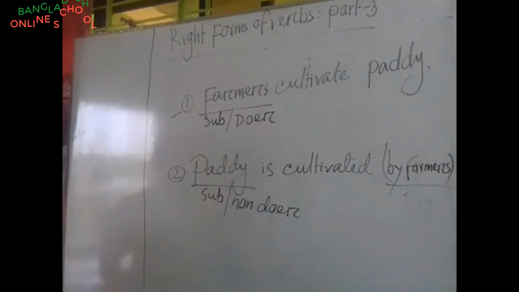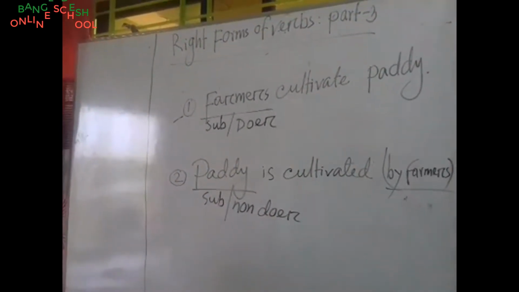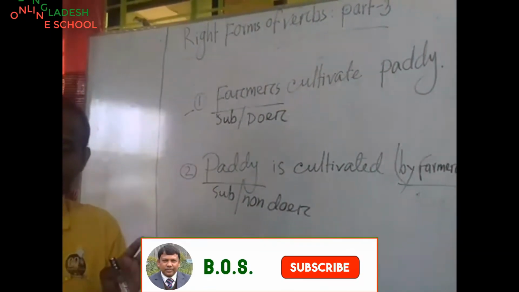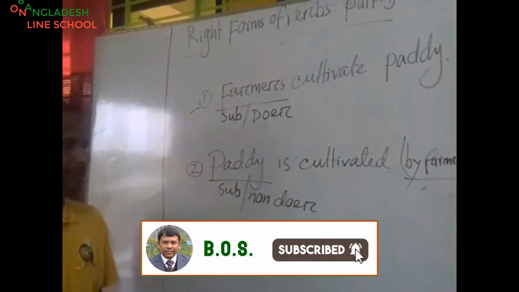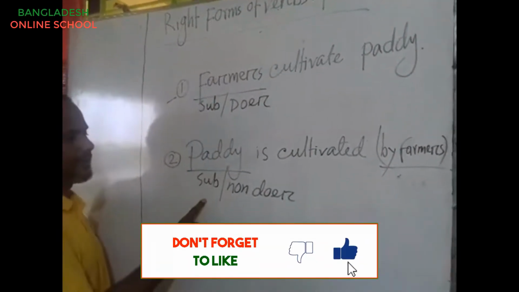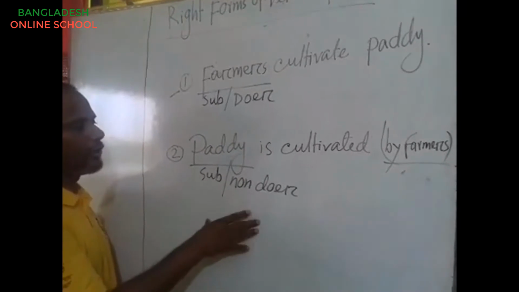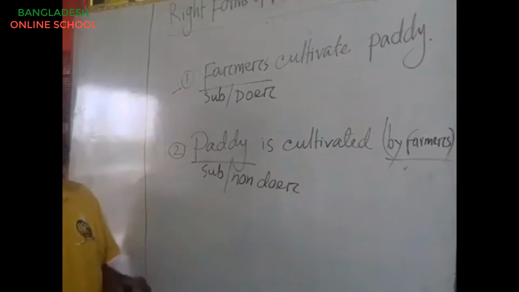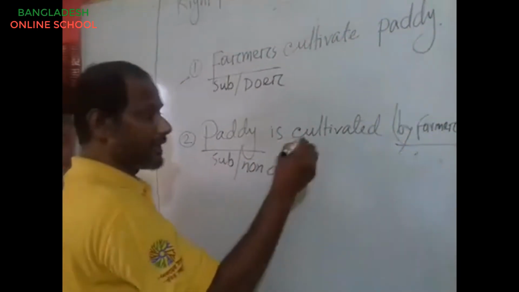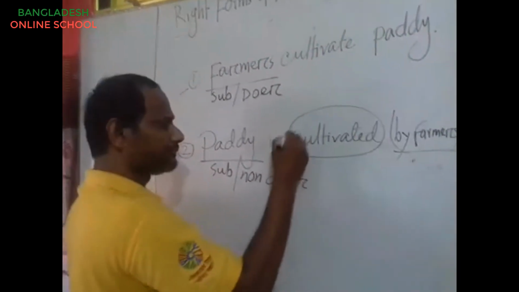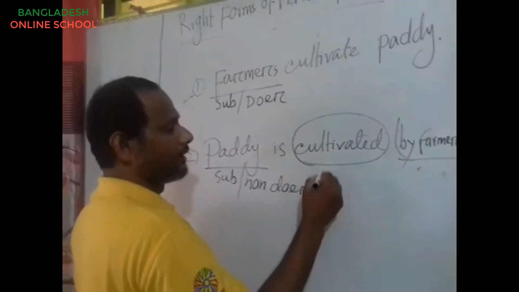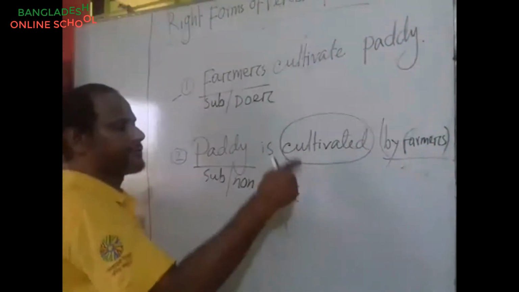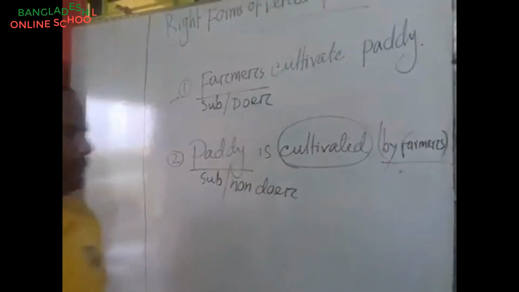So when a subject is used as a non-doer in a sentence, students, very mindfully learn this, the verb will be used as a past participle form. That is why cultivated is used as a past participle form.